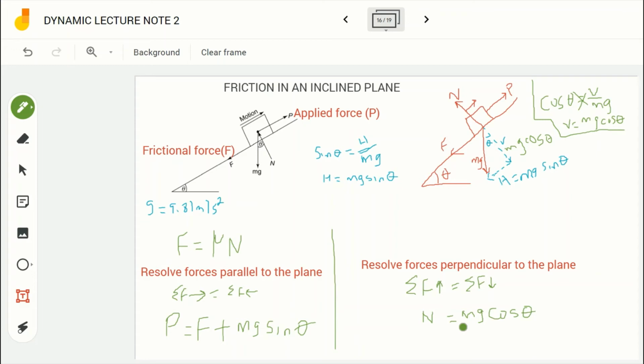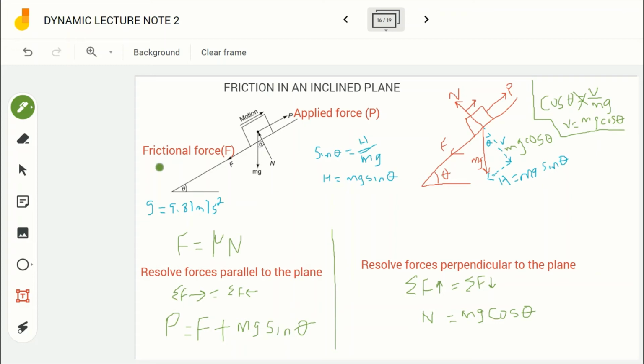What I'm saying here is that step 1, we have to resolve any inclined force into vertical and horizontal components. Then the second step is to resolve forces that are parallel to the plane, and step 3, to resolve forces that are perpendicular to the plane. With this, you don't have to remember any formula. Just remember these 3 concepts.